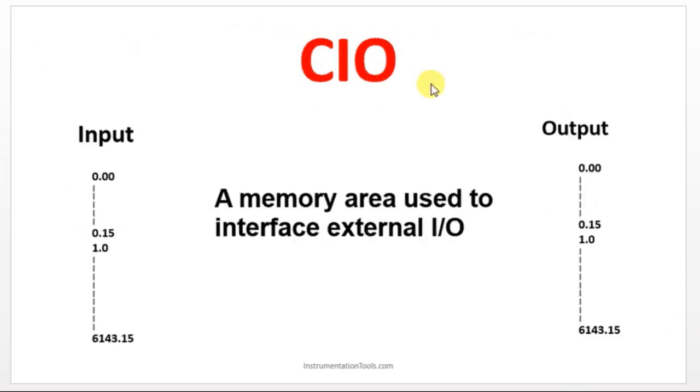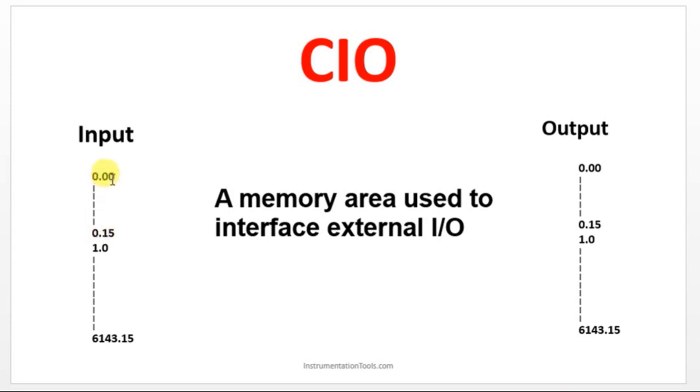First, core input and output. So the input addressing in Omron will be starting from 0.00. So this 0 is a channel number, and the next 0 is the terminal number. So like that it will start. So 0.00 up to 16 we are having here.